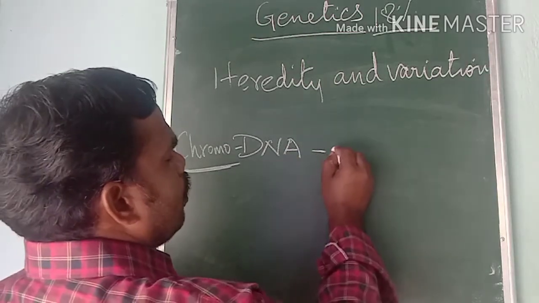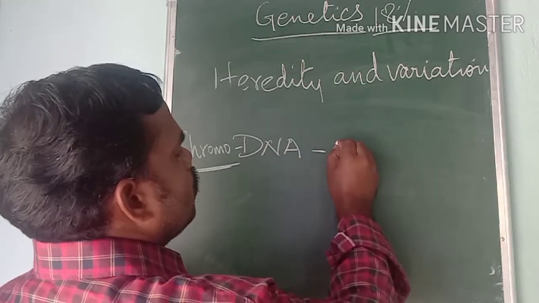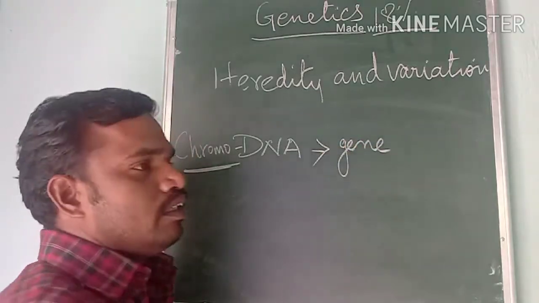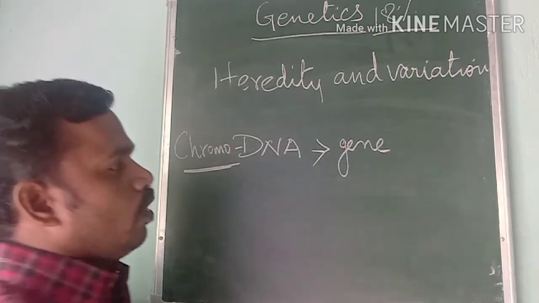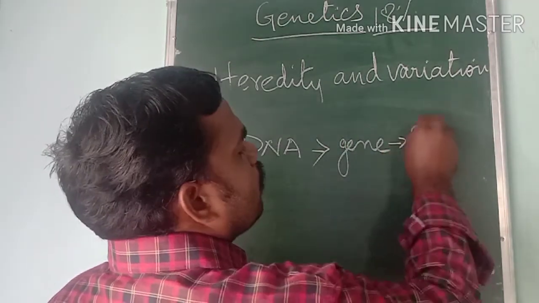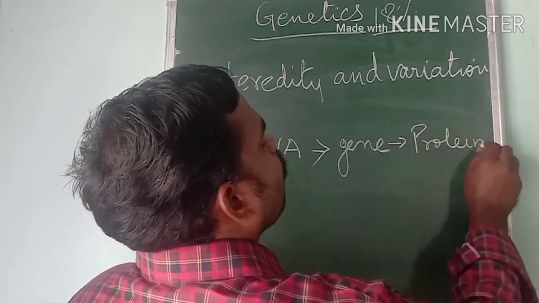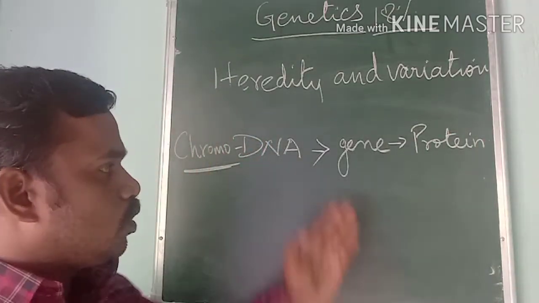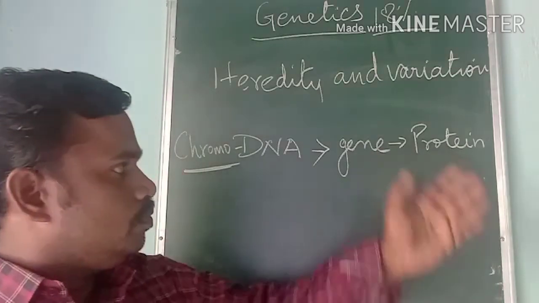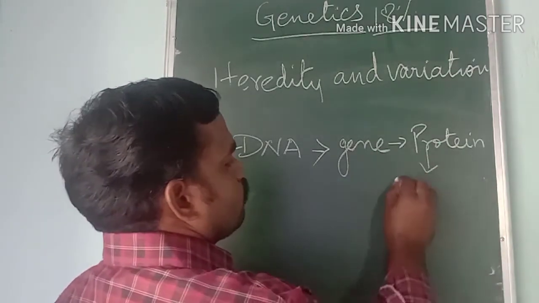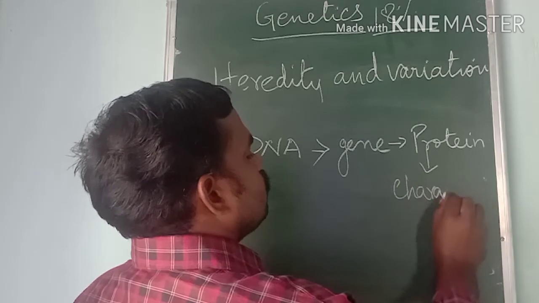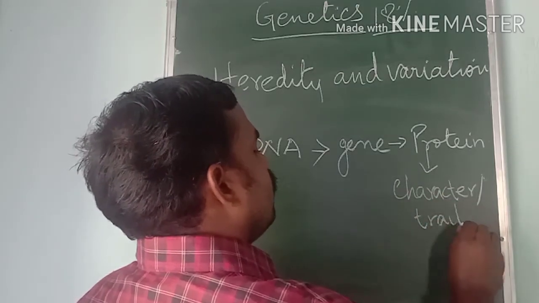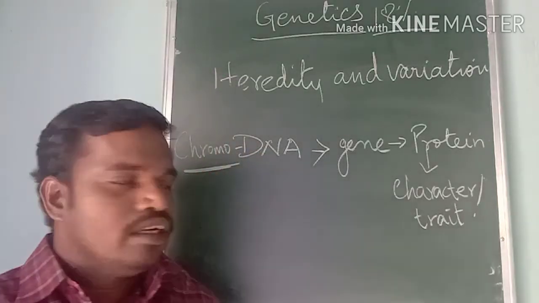A small portion of the DNA is known as a gene segment. A segment of DNA is known as a gene, which codes for the protein, which codes for the characters. Character or trait.